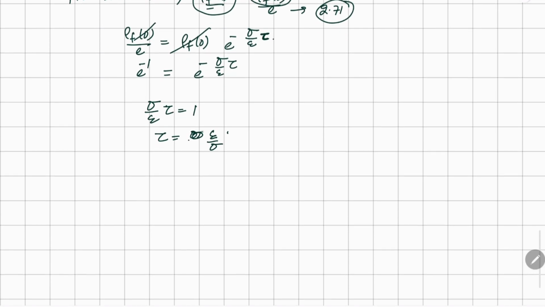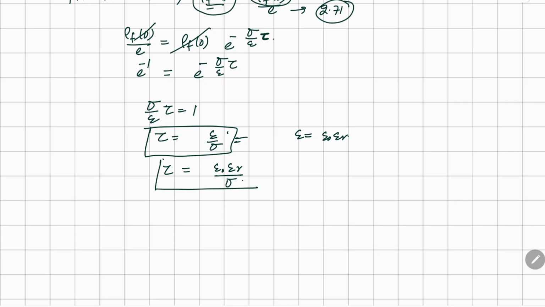This is one of the very important equations in this topic. Tau is epsilon by sigma, where epsilon is epsilon_0 epsilon_r, so tau equals epsilon_0 epsilon_r by sigma. This is very important.